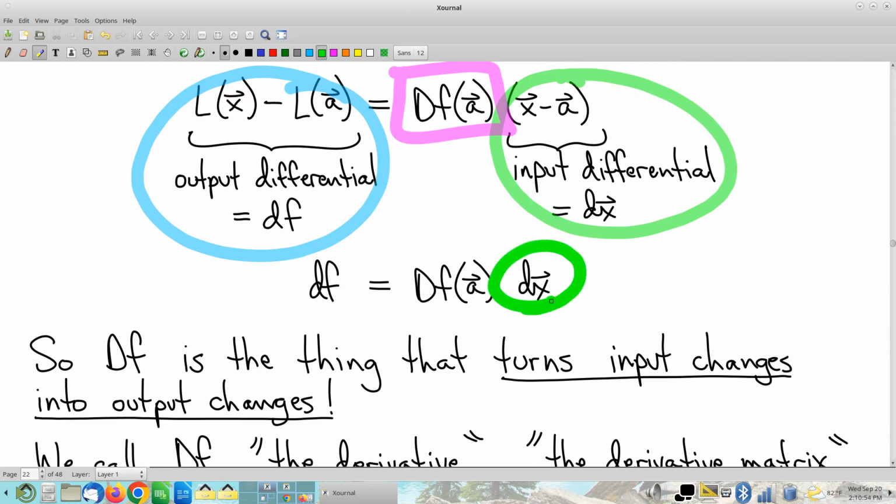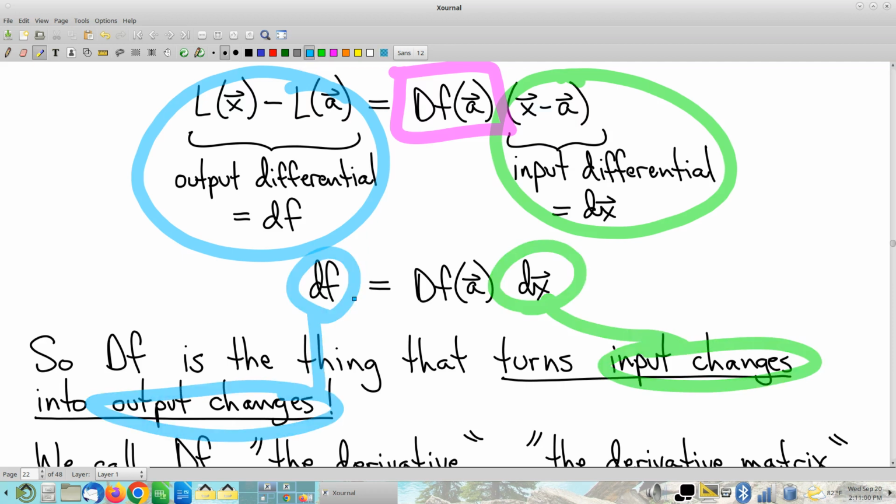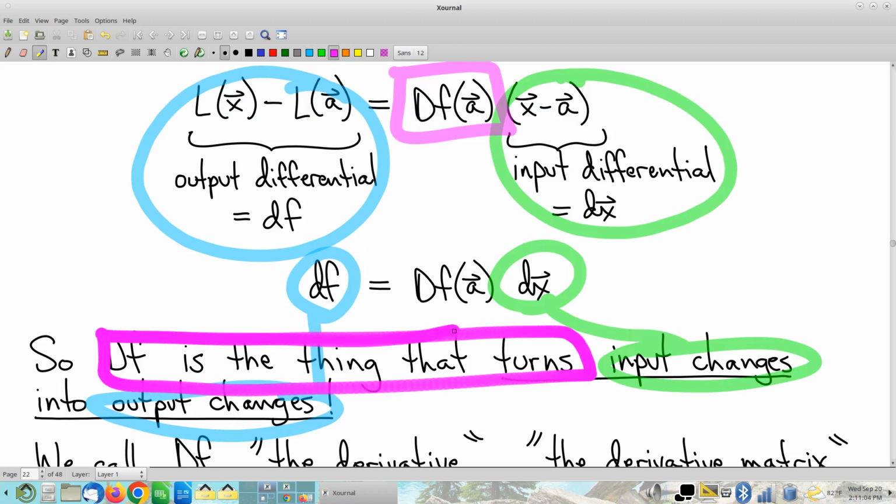This turns input changes into output changes, right? So df is the thing that does that. And so df, if anything is going to get called the derivative, if you had to pick just one thing to call the derivative that turns input changes into output changes most broadly in all cases, that's it.